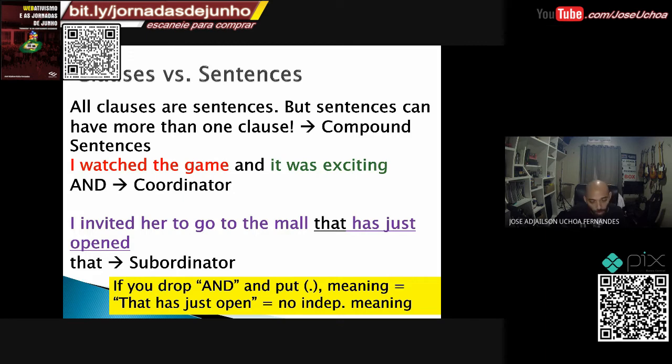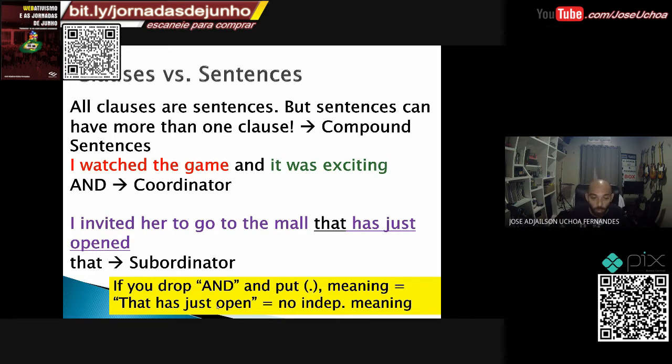Basicamente, o teste para saber se tem coordenação ou não é substituir o coordinator por period. Lembra quando vocês estavam discutindo técnicas de redação para fazer uma boa redação no Enem e as pessoas falavam, façam períodos curtos, né? Muitas coordenações, você faz um período super longo usando muito and, né? Muitos coordenadores, não só o and, né? Uma coisa e outra, uma ideia e outra.